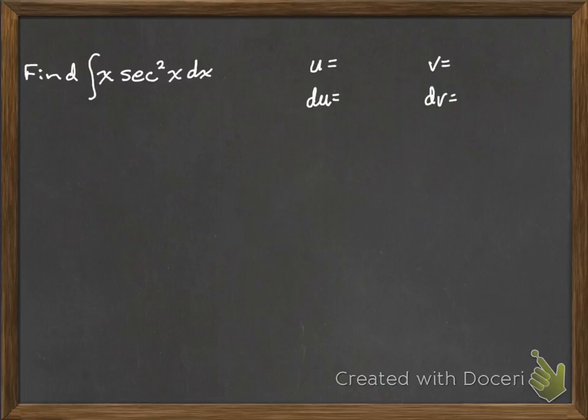All right, so the next example we have is going to be finding the integral of x times secant squared of x. And so if we identify our parts here, we have an algebra and we have a trig. Well, in the acronym LIATE, algebra comes before trig.